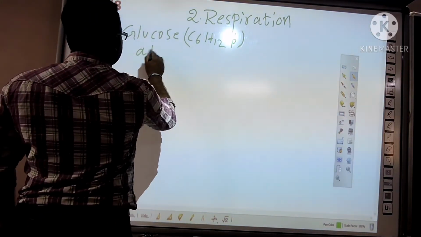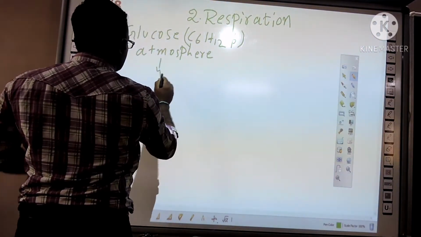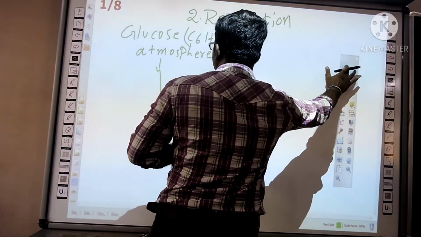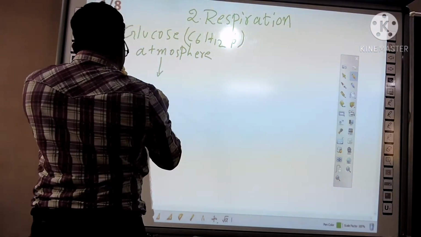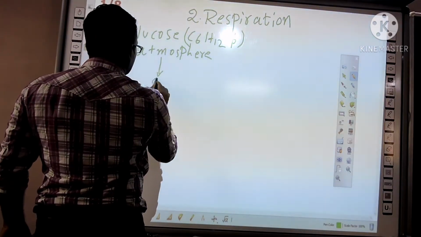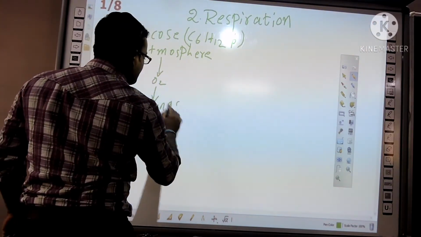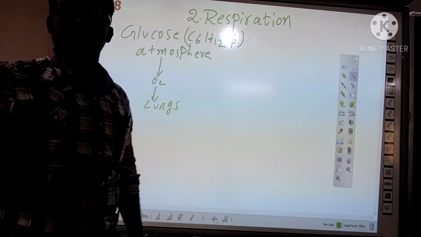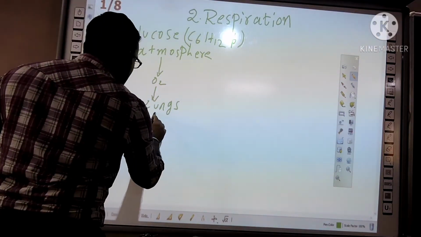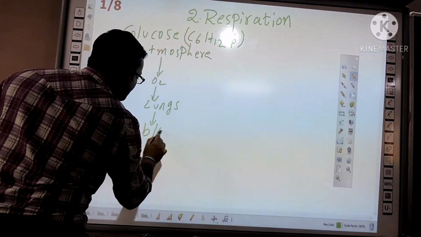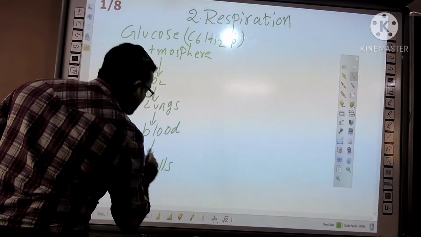From the atmosphere first, the oxygen enters the lungs. And from the lungs, the oxygen enters the blood. And the blood carries this oxygen to the cells.